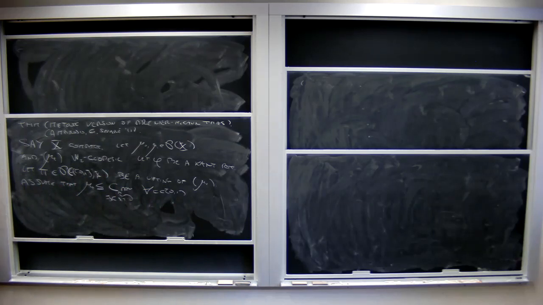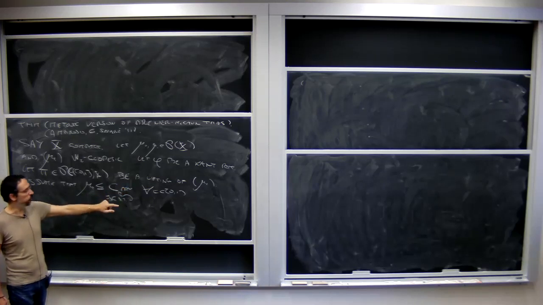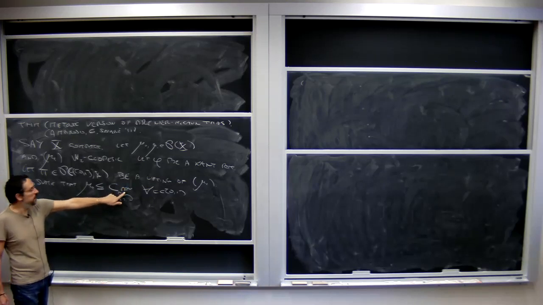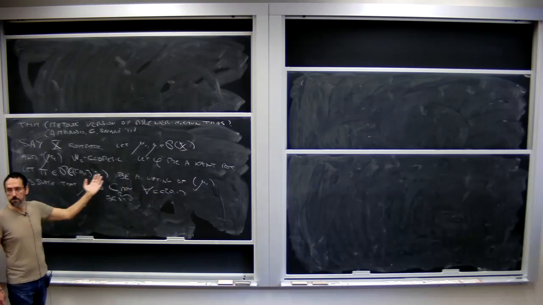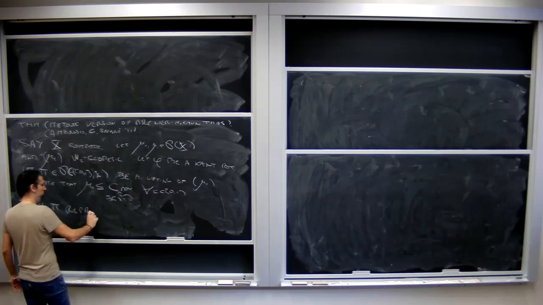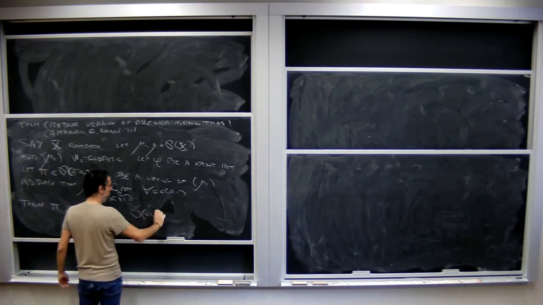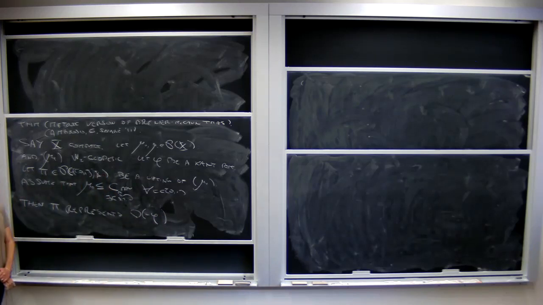So for some reason, these measures along the geodesic all have bounded density. Notice that, of course, this assumption speaks about the relation between the reference measure m and at least this Wasserstein geodesic. Well, then pi represents the gradient of minus phi. I'll prove this in a second.